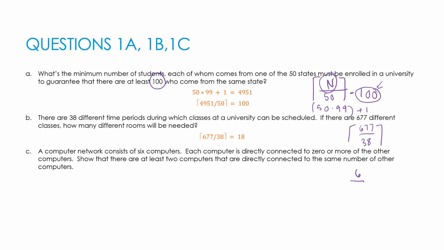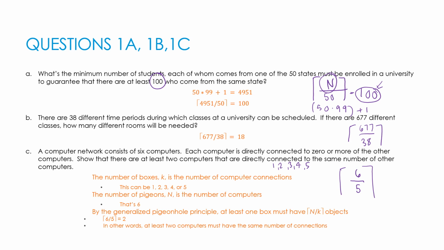Well, if it's connected to the other computers, obviously we're not going to have a computer connected to itself. So 5 is the most number of connections, because we could have 1 connection, 2 connection, 3 connection, 4 connection, 5 connections. So essentially I'm taking the ceiling function of 6 divided by 5, which is 2.